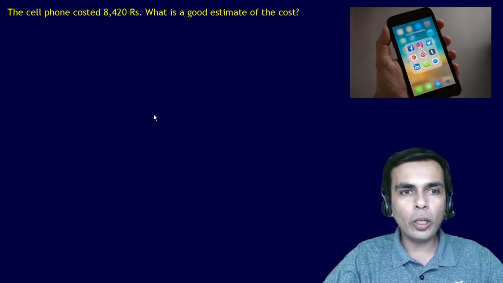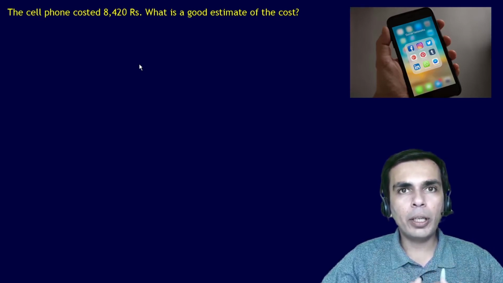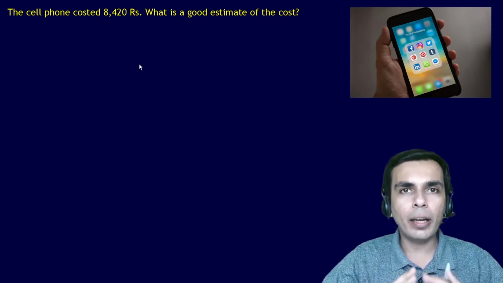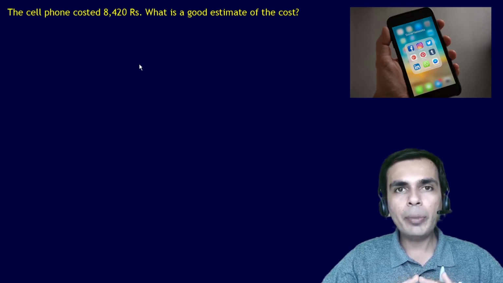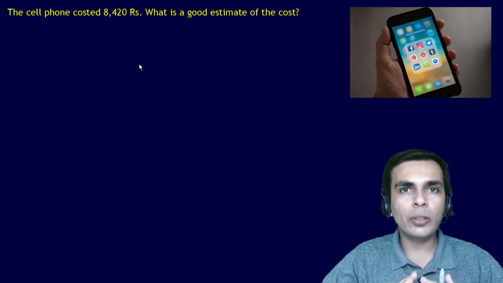Now the cell phone cost 8,420 rupees. Now what is a good estimate of the cost? See, the reason why we need an estimate is because we don't want the exact number. The only purpose is to get a rough idea, a close idea, an approximate idea of the actual cost. So we want to keep the number as clear as possible with as many zeros as we can.